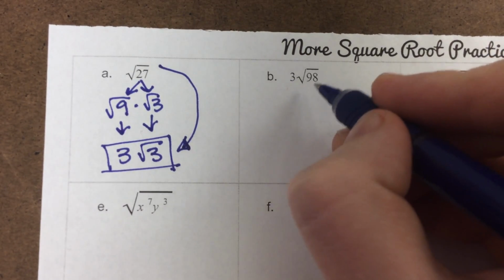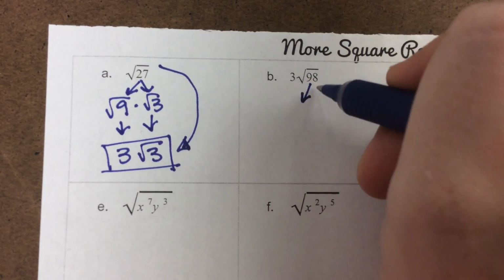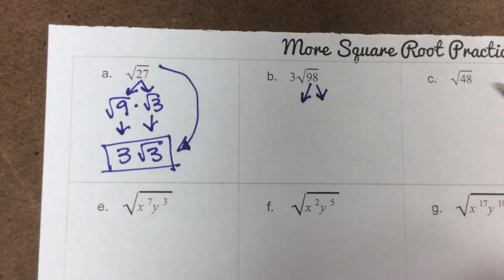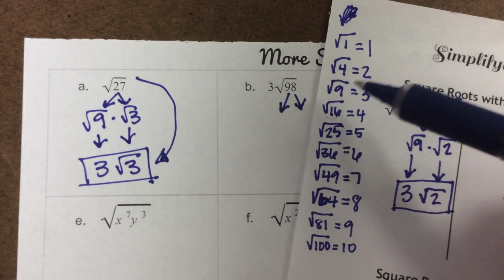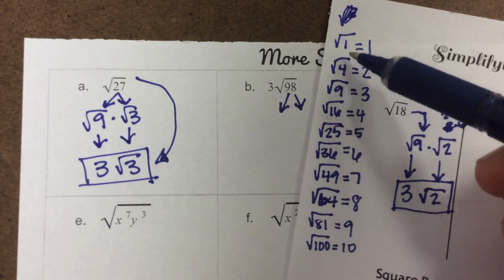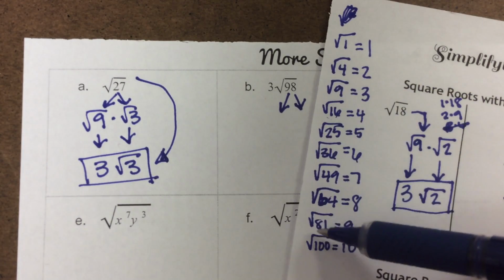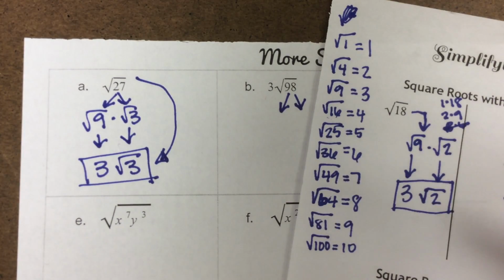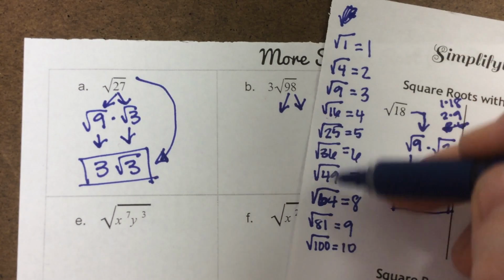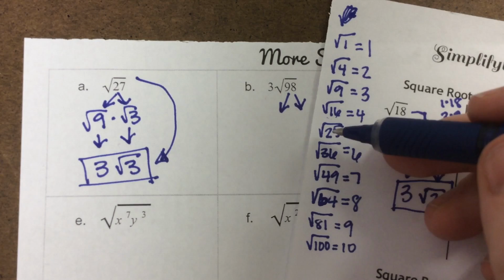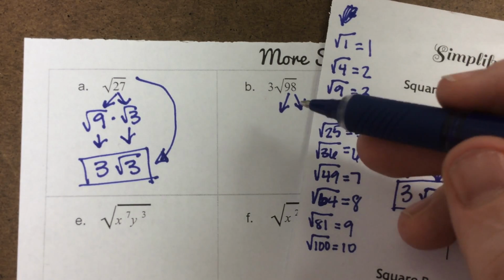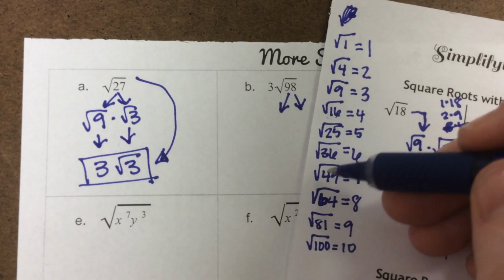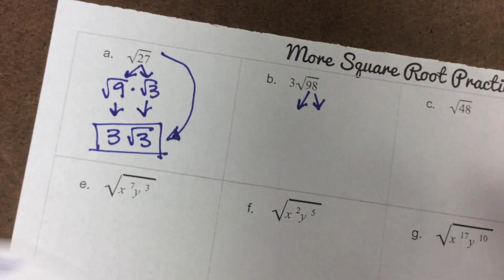Next thing I'm going to look at is 98. I'm saying what would go into 98. Now, if it's a bigger number, what I like to do is think about my perfect squared numbers and see, do I have any of these numbers that go into 98? If you're not super quick with your multiplication tables or dividing bigger numbers, you can use a calculator. In 98, I see that 49 will go into 98 twice.